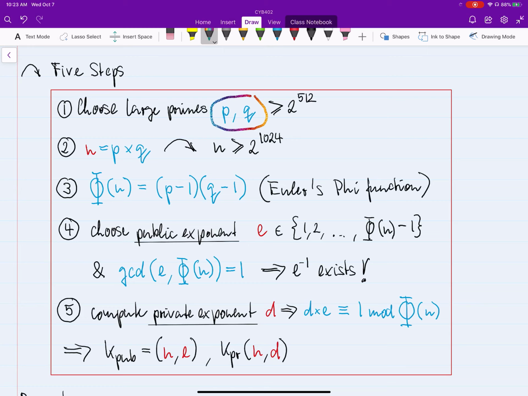So that's the first step, choosing 2 large prime numbers, which is already pretty involved. And we're going to talk about that later on in this class. Once we have those 2 prime numbers, we compute the product of these 2 numbers, and we call that product n.